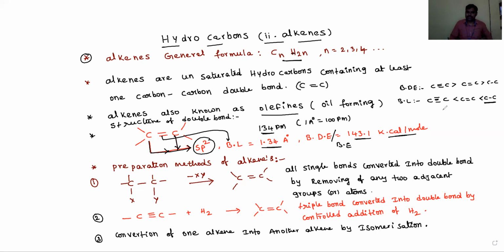This is about the structure of a carbon double bond, its bond dissociation energy, bond length, and hybridization.